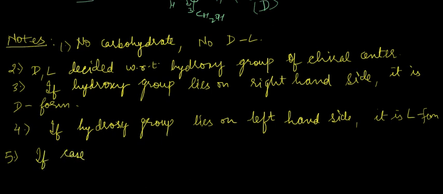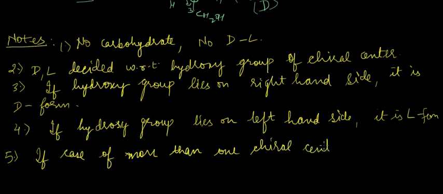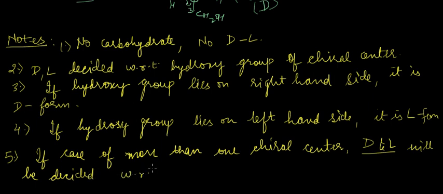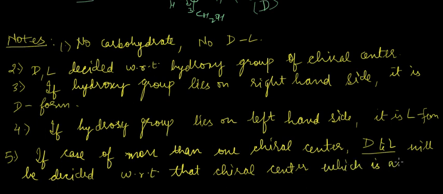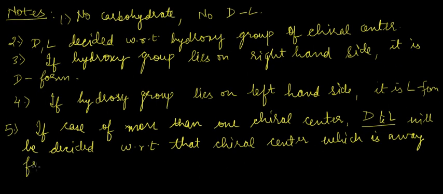So if there is more than one chiral center, D and L will be decided with respect to that chiral center which is away from the functional group. And by functional group here I mean aldehyde or ketone.